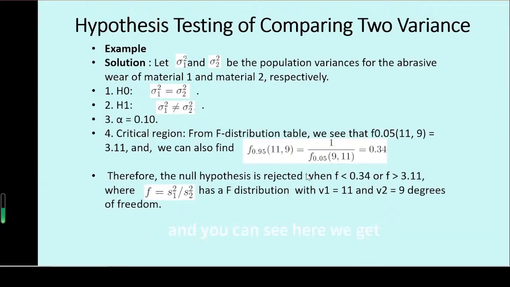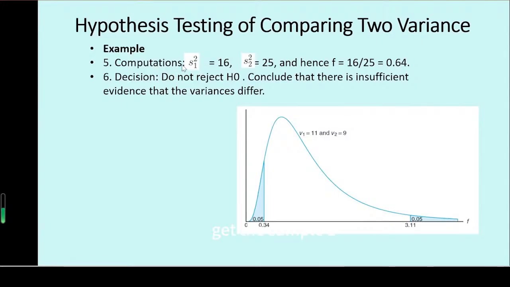And you can see here we get the sample 1 variance 16 and the sample 2 variance 25. Then the value is 0.64.